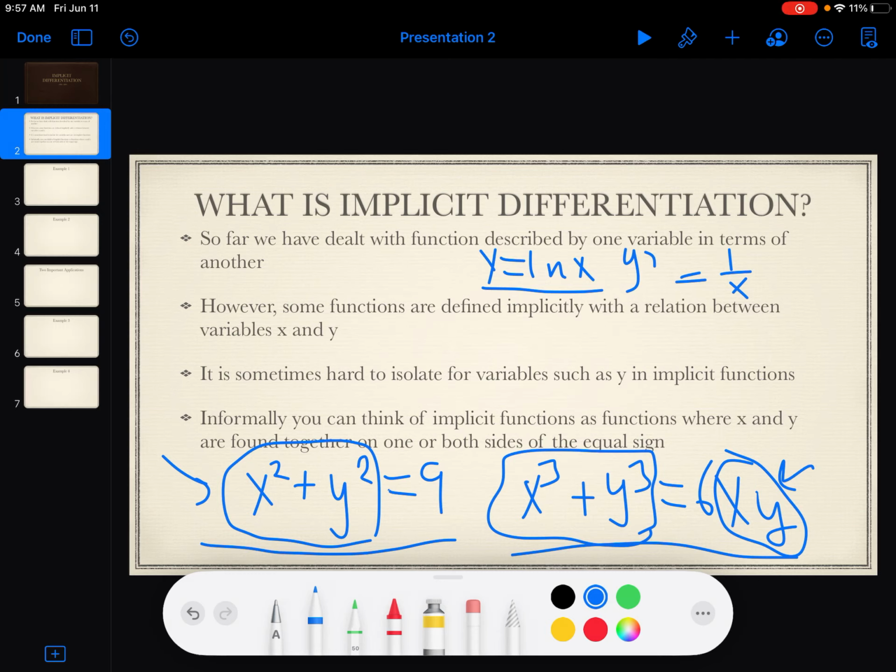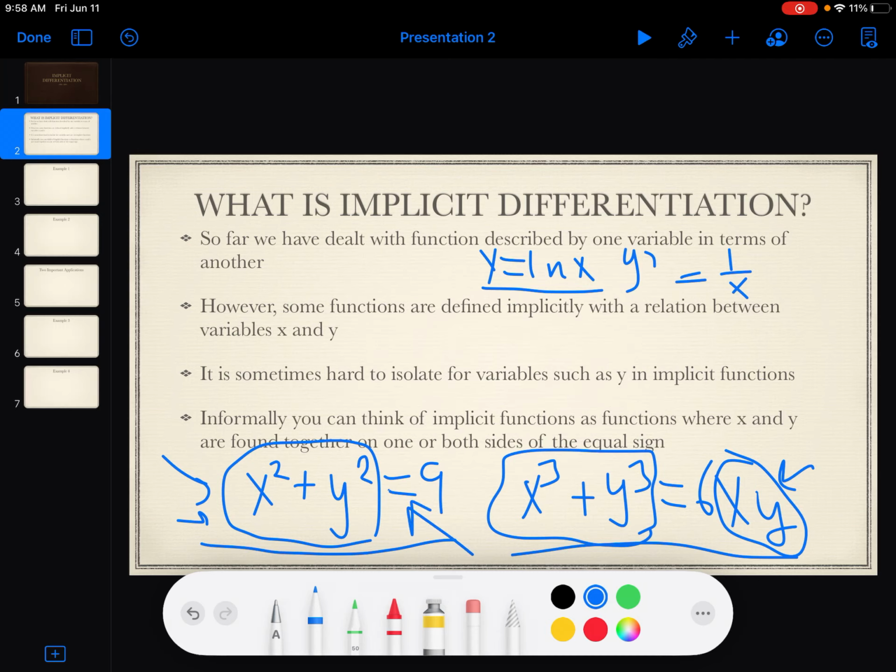Now, when you get something written implicitly, like the following right here, it's sometimes very hard. It can get very hard to isolate for y, to get it on its own. A computer system could do it fairly easily. However, by hand, sometimes it can just get really complicated.